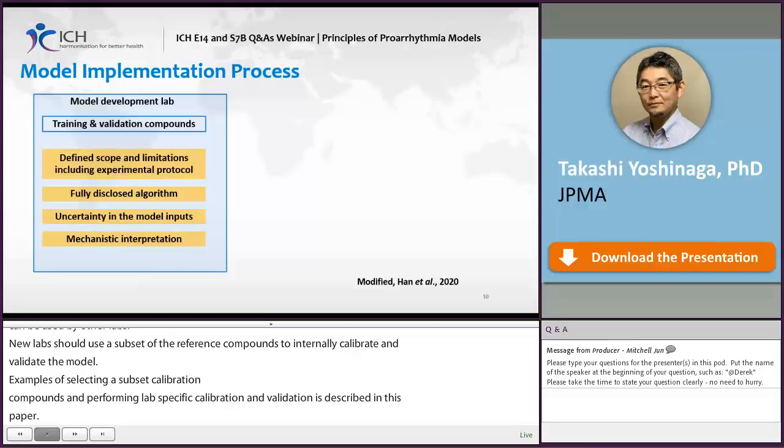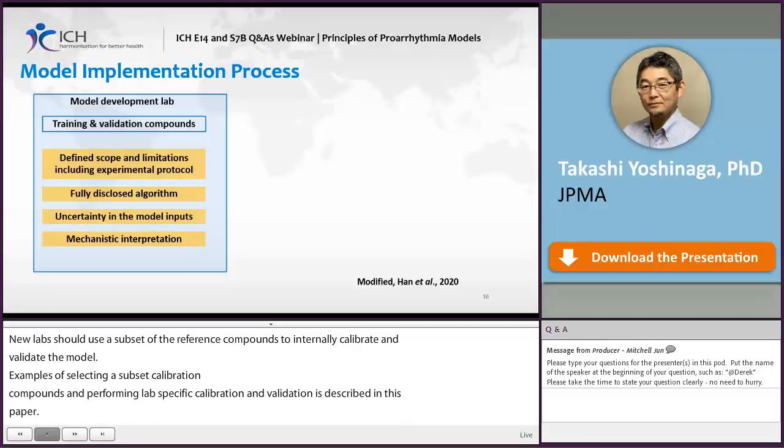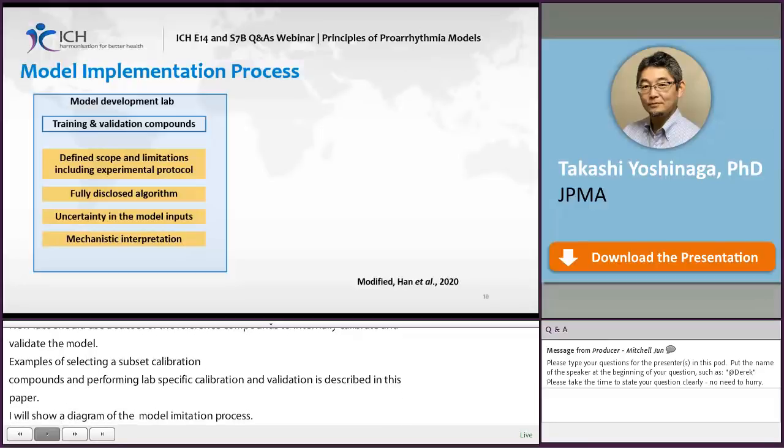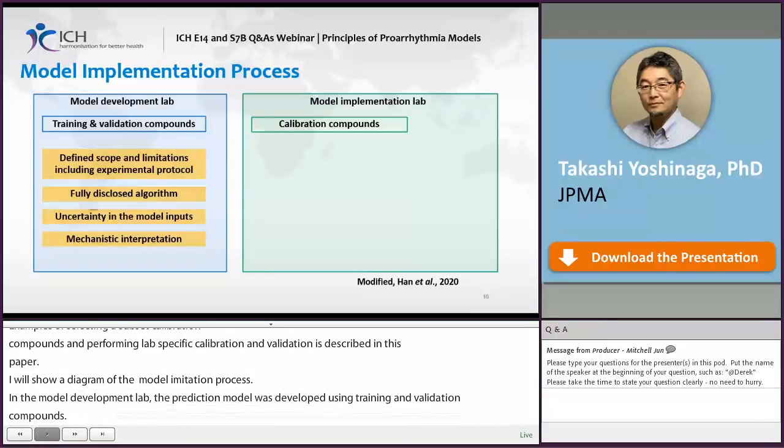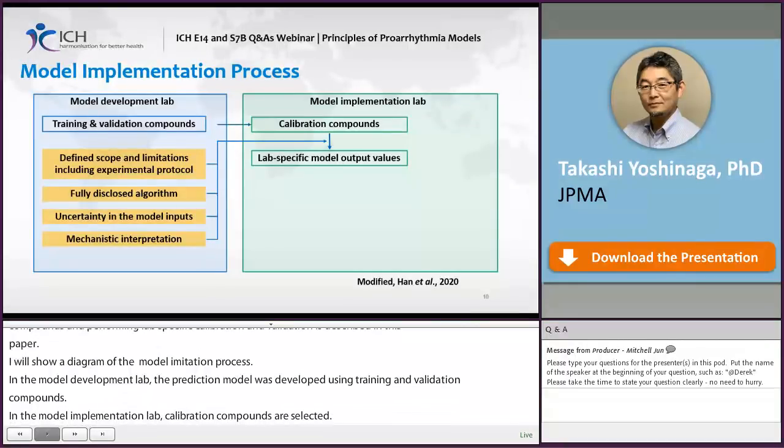In the model development lab, the prediction model was developed using the training and validation compound sets, as I presented before. In the model implementation lab, calibration compounds are selected. According to these principles, lab-specific model output values are obtained.